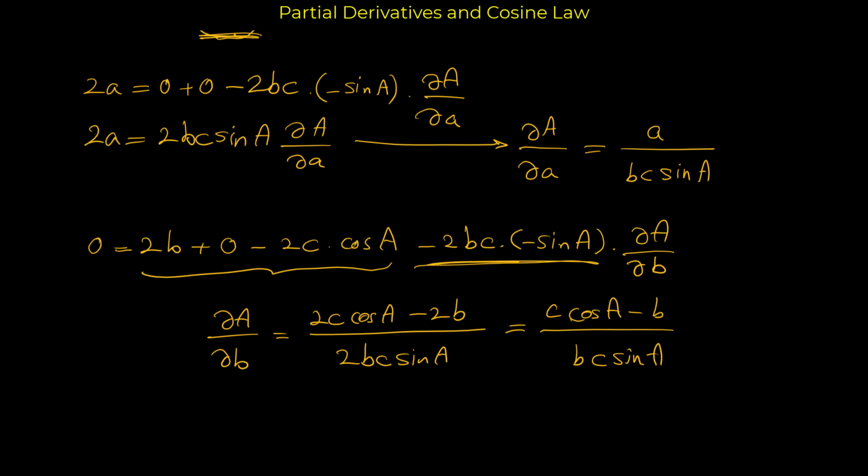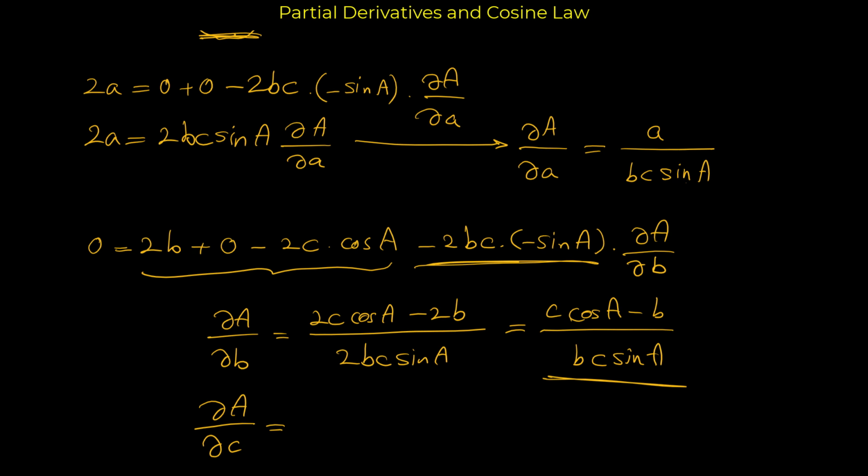With a similar process, you can find the partial derivative of A with respect to c. And because of the symmetry between b and c, can you guess without calculation what would be the partial derivative of A with respect to c? Attention, the partial derivative of A with respect to b is this. So what would be the partial derivative with respect to c?